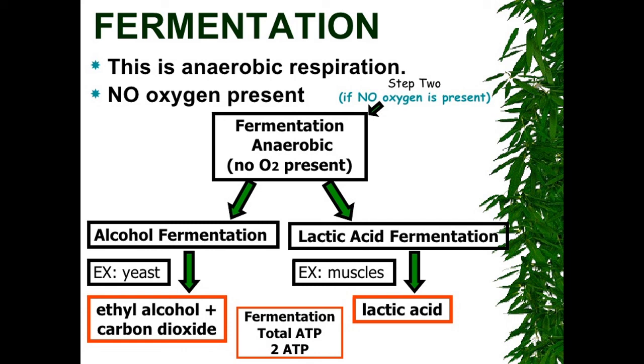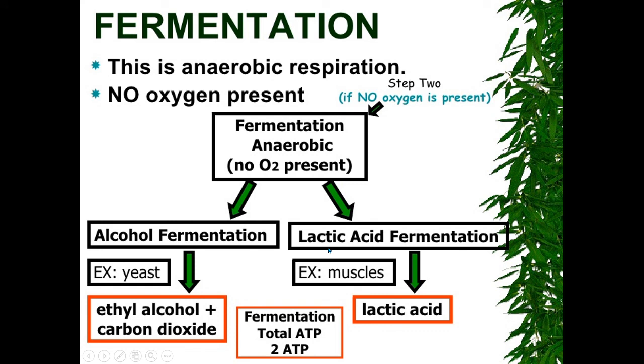The predominant end product in lactic acid fermentation is lactic acid. Glucose yields two molecules of pyruvic acid through the glycolysis process. This pyruvic acid is reduced to lactic acid by the enzyme called lactic acid dehydrogenase.